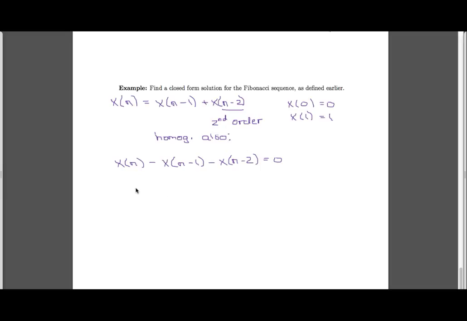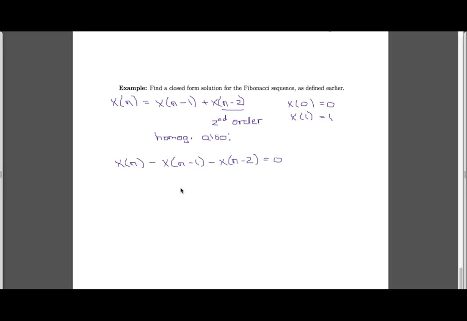And remember we assumed that x was of the form a times r to the n, but we ended up factoring out an r to the n minus 2, so that what was left over was essentially this coefficient times r squared plus this guy's coefficient times r plus this guy's constant coefficient equals 0.